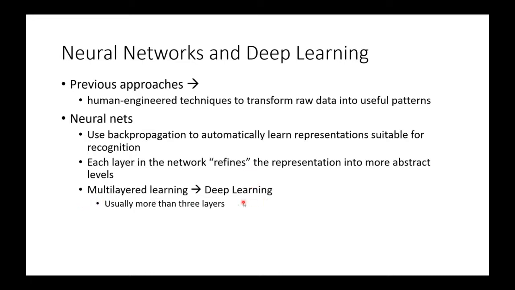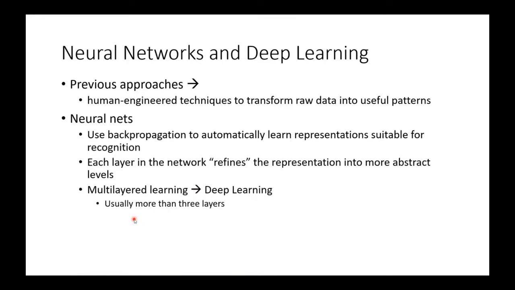If you have a neural network with multiple layers, that's also called multi-layered learning. That's what we understand as deep learning. I must confess that the actual definition of deep learning is still a little bit fuzzy. It's still a matter of debate.